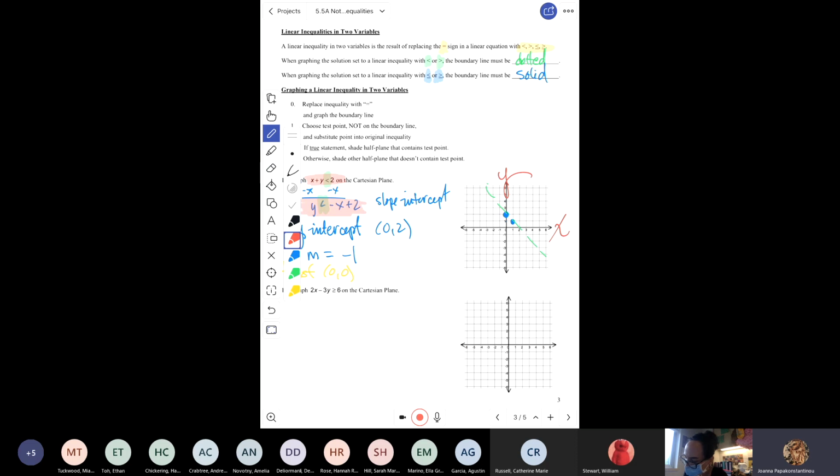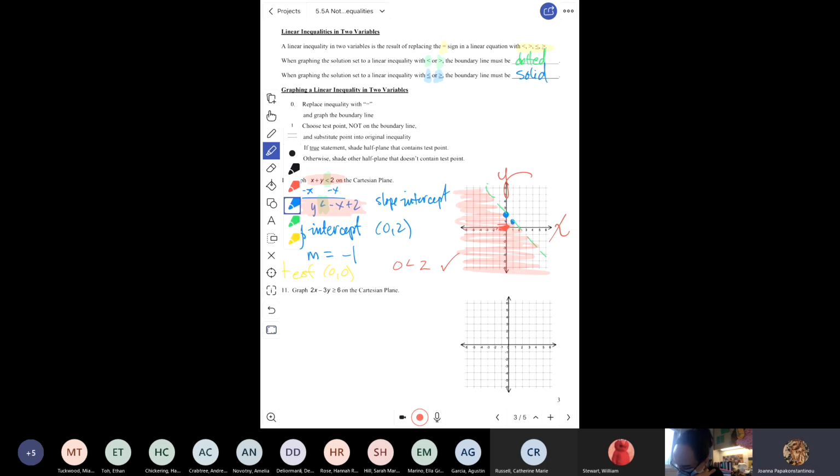And I'm going to substitute in 0 for x and 0 for y. So 0 is less than 2. Is that a true statement? Yeah, 0 is less than 2. So I'm going to shade the region that has 0, 0, because I just tested it and it's true. So there's my graph.